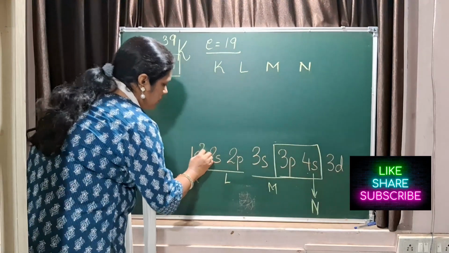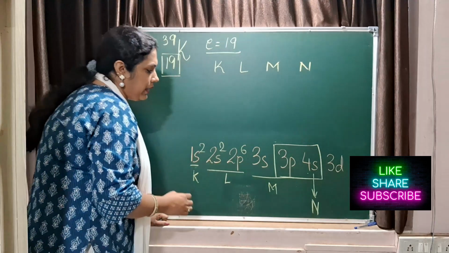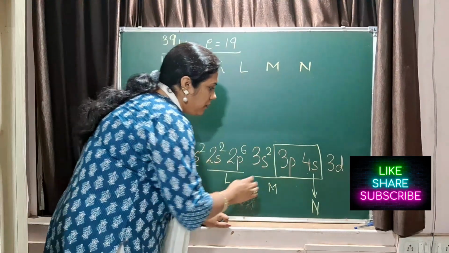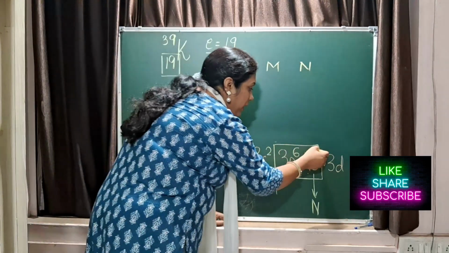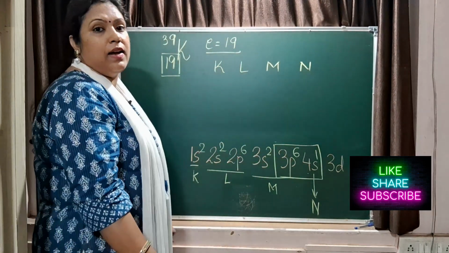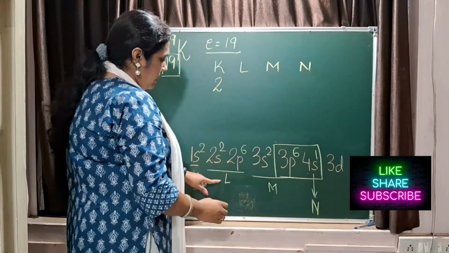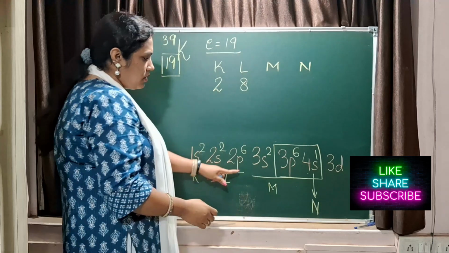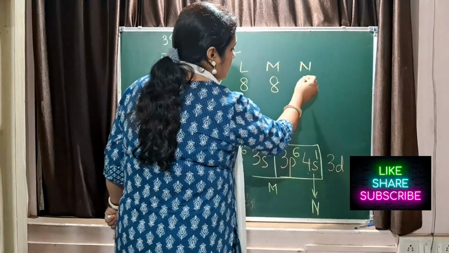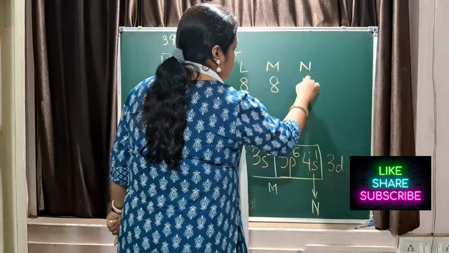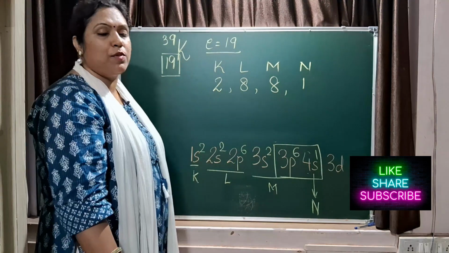Now, 2 plus 2 is 4, plus 6 is 10, 10 plus 2 is 12, 12 plus 6 is 18, and 1 is left. So 4s1 makes 19. What does it mean? K shell has 2 electrons, L has 8 electrons, M has 6 plus 2, 8 electrons, and the N shell, the 4th shell, has 1 electron. That explains the electronic configuration of potassium.